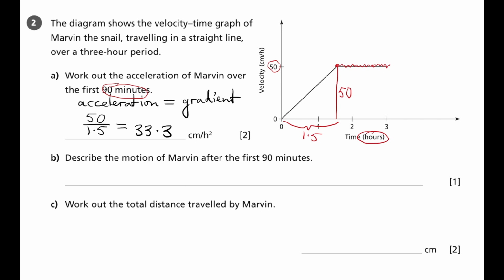So to describe the motion of Marvin, we would say that Marvin travels at a constant speed of 50 centimeters per hour.